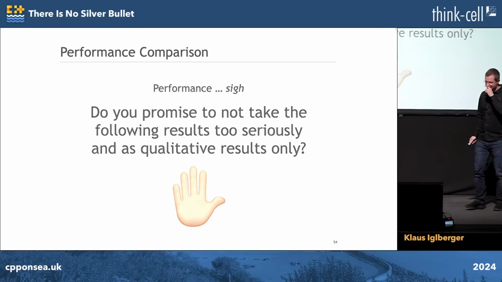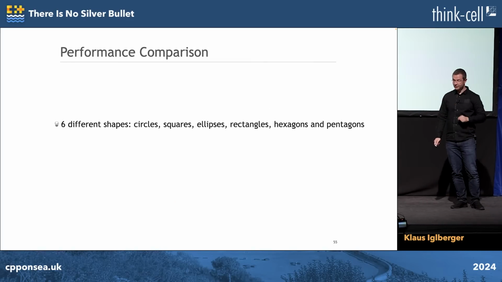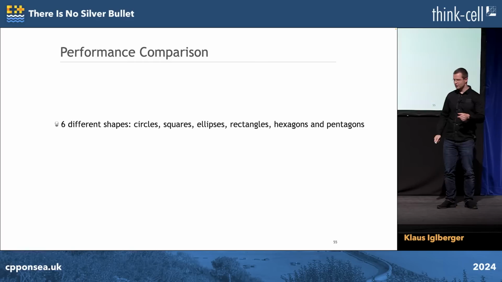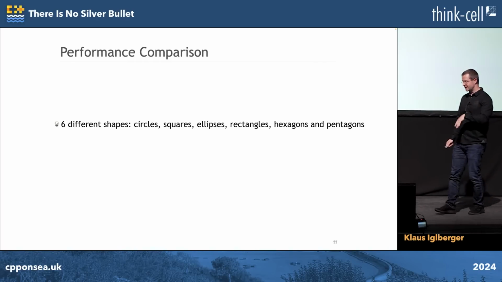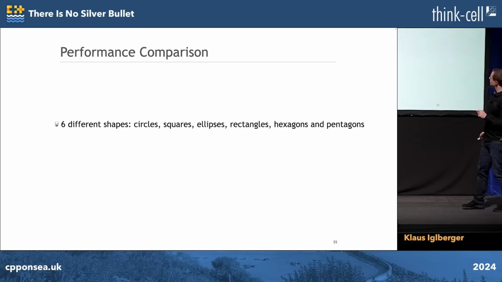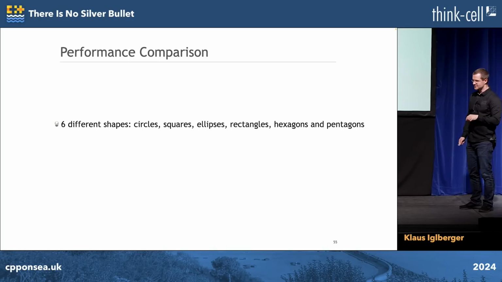So, first I should explain what I do. 6 different kinds of shapes, which is definitely more realistic than just 2. So I have circles, squares, ellipses, rectangles, hexagons, and pentagons. And please don't expect that I took a lot of time to implement them. That's as simple as possible.